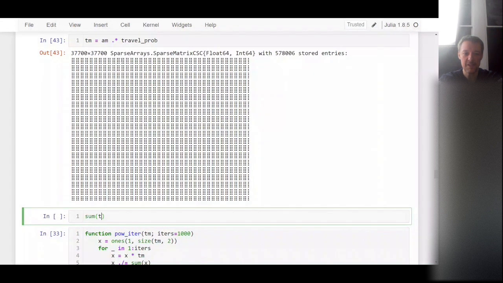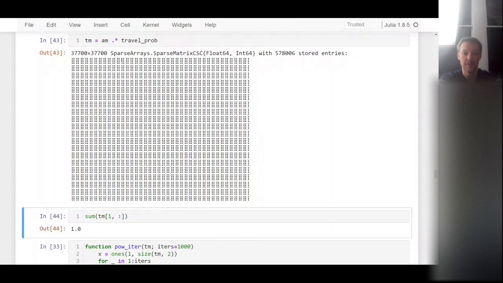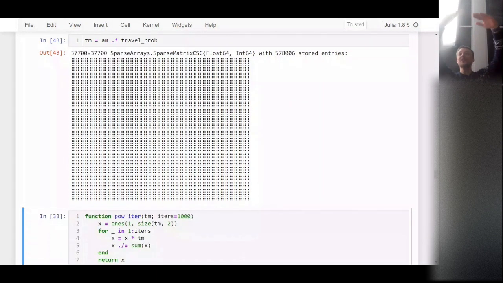This TM, the transition matrix, will have the following property. If I calculate the sum of row 1 of TM, what sum will it be? 1. If I calculate the sum of row 2, what do I expect? 1. Row 3, 1, and so on and so forth. So now I see that in each row of my matrix, everything adds up to 1.